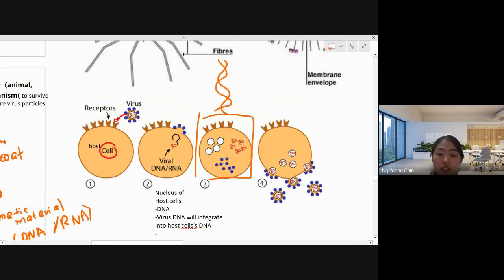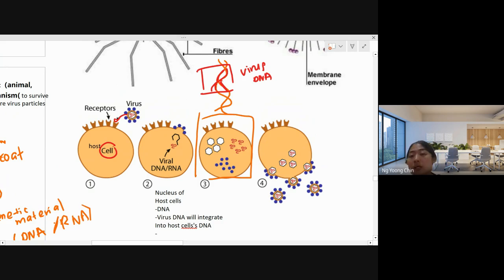After the virus particle attacks the host cell, it will incorporate the virus DNA into the host cell DNA. So some portion of the DNA belongs to the virus DNA, this one.